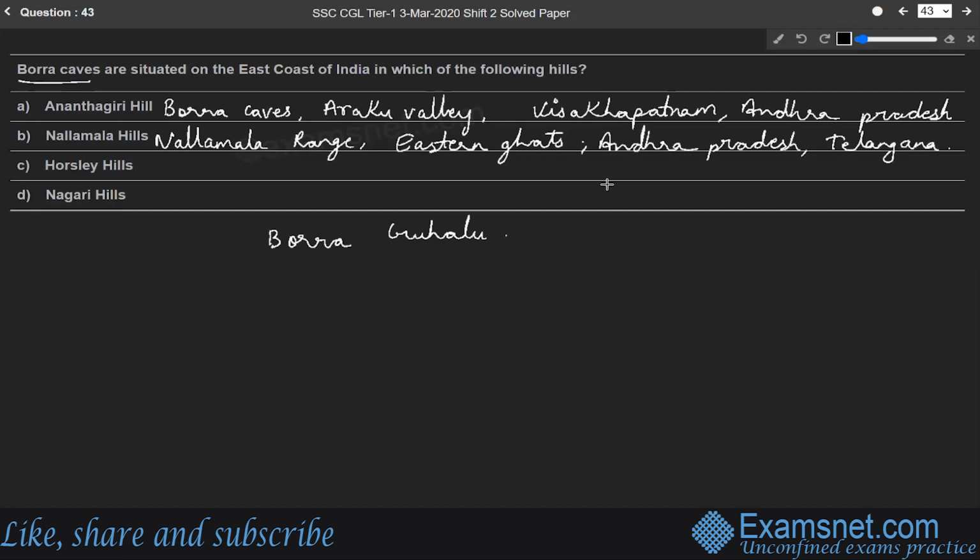And there is a very famous spot located on the top of the Nallamala Hills. The spot is the holy town of Srisailam. It is known for the Mallikarjuna Swami.